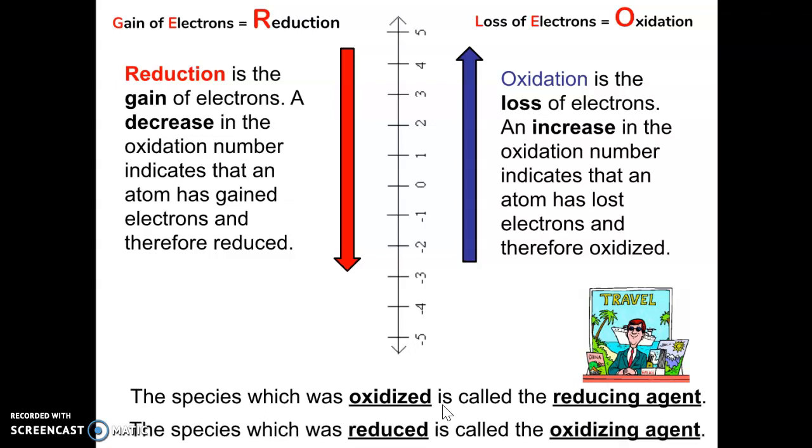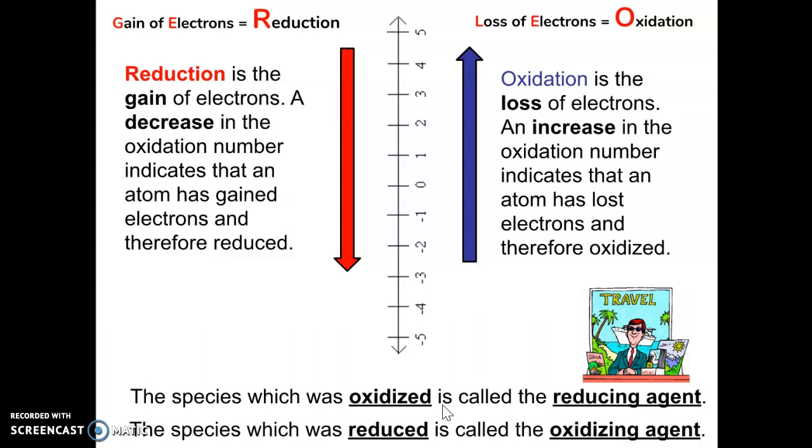The same goes for the reverse. So if you are the species which is reduced, let's say you are the thing that is gaining electrons, then you are taking electrons from another element. So you are oxidizing it because you're stealing its electrons.